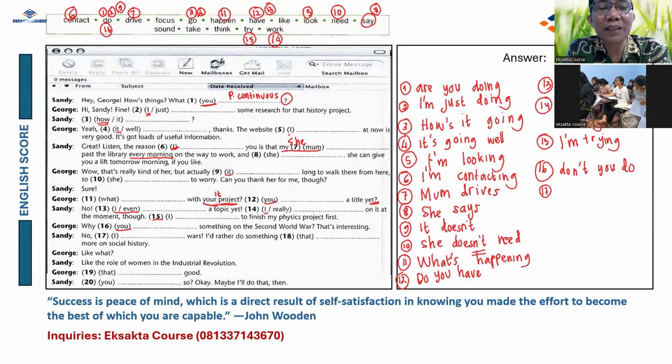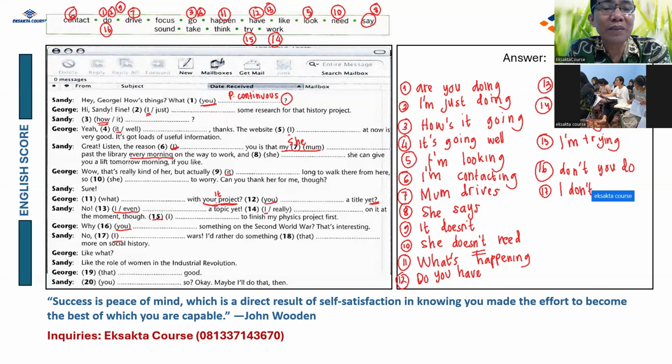So now look at number 17, Sandy. No, I blah blah blah was. If there is "no", of course, it is negative. So for the negative of I, if there is a verb, use don't or do not.